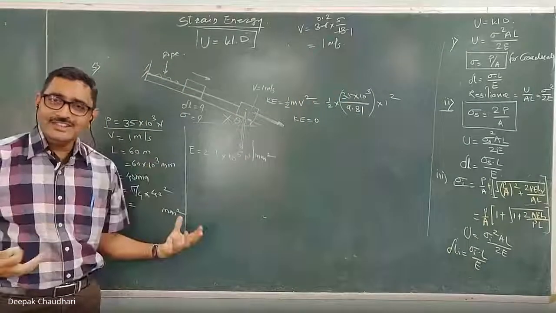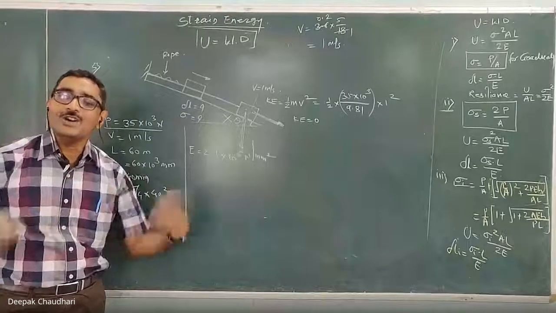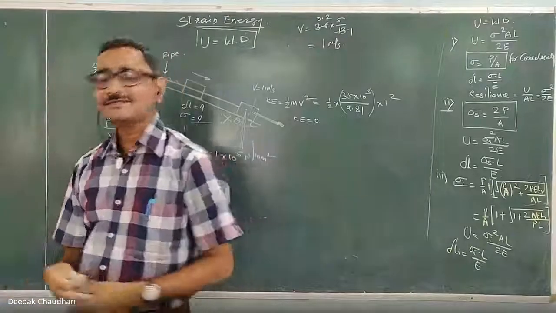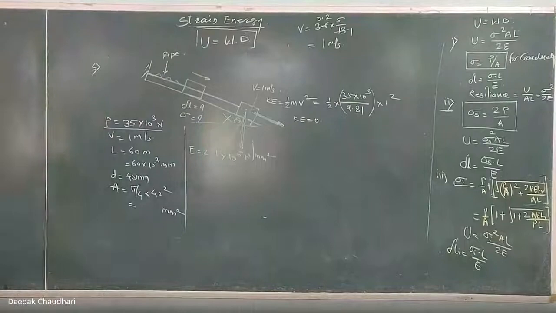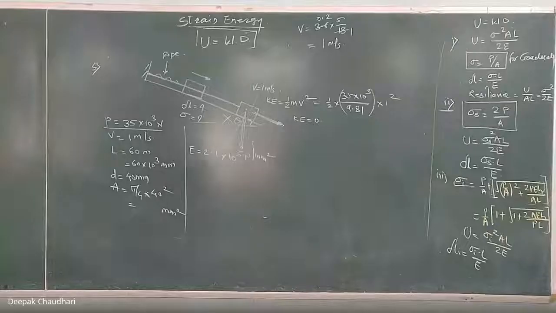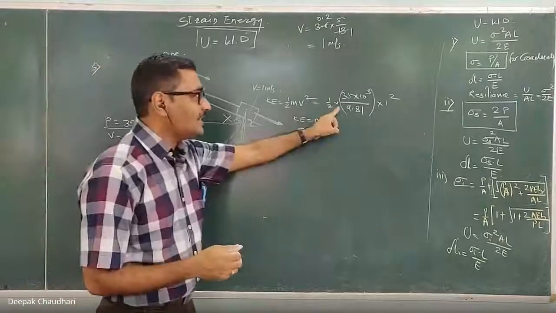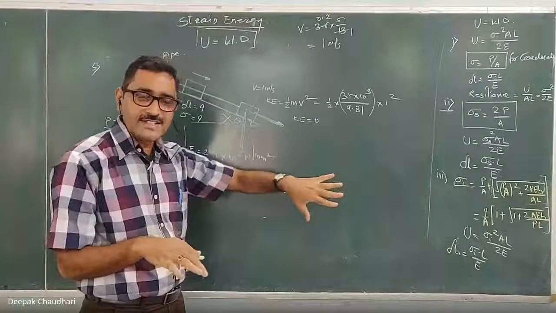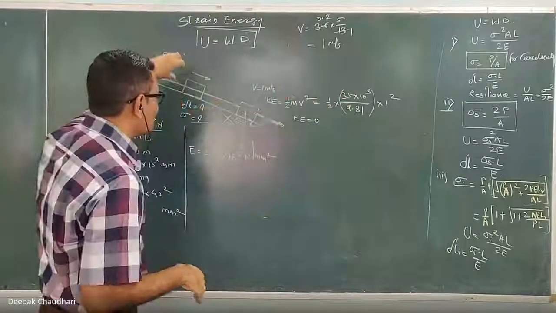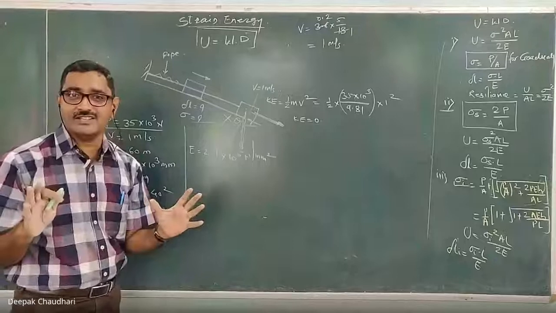So this energy which was lost, where did it go? In the rope. It's stored in the rope in the form of strain energy. So this kinetic energy which is lost is stored in the rope in the form of strain energy.